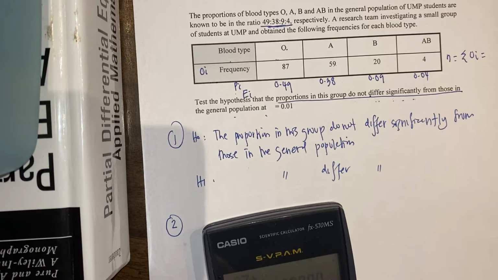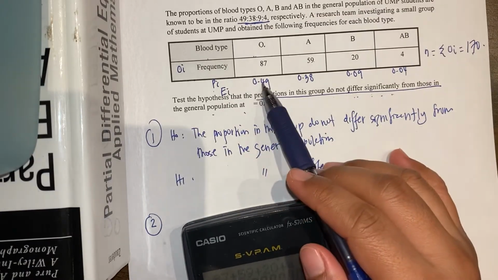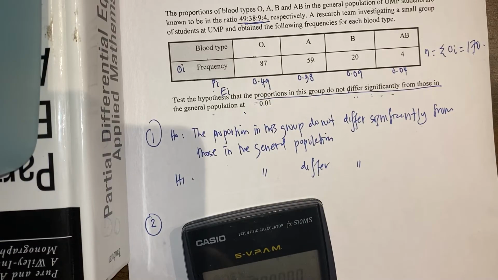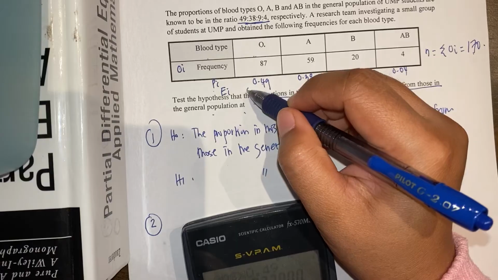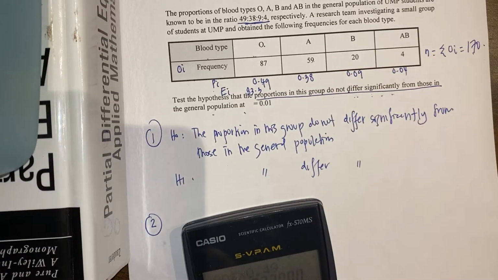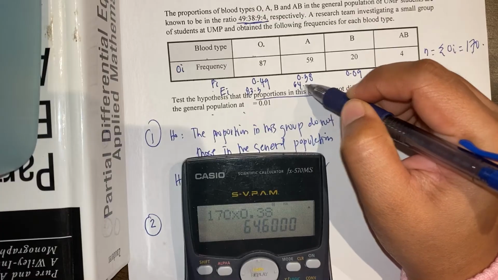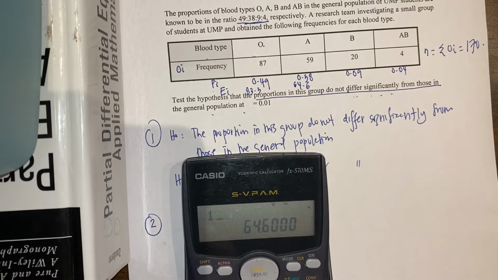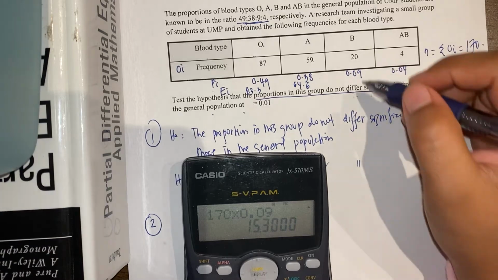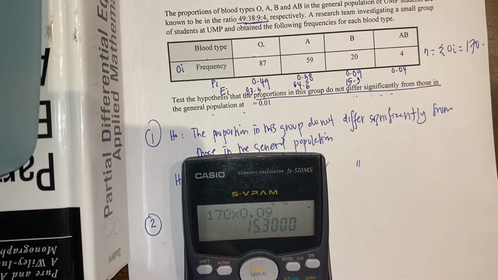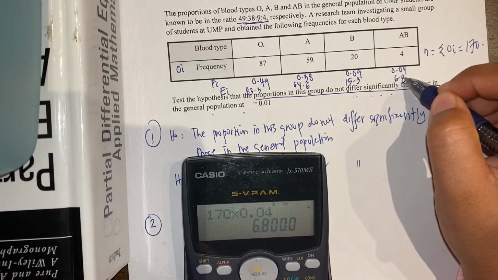So 87, 59, 20 and 4, so 170. 170 multiplied with 0.49 gives 83.3, then 64.6, 15.3, and 6.8.